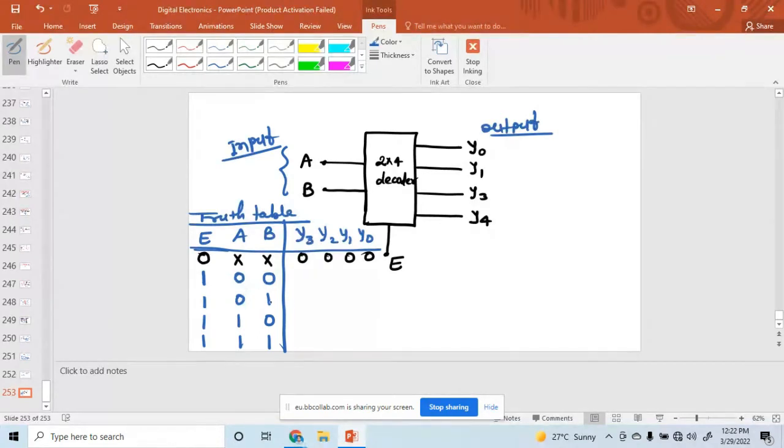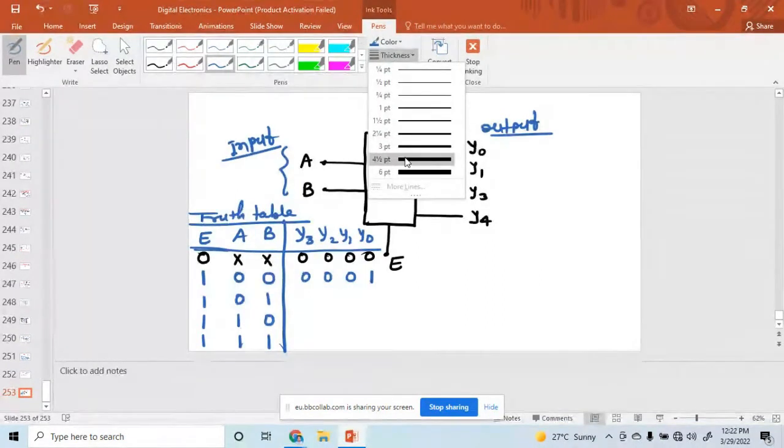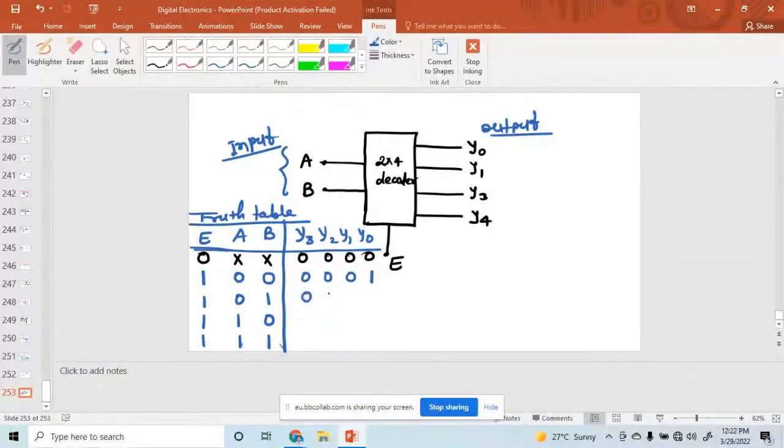When the enable is 1 and the values are 0, 0, only Y0 is enabled, that means on. Otherwise Y3, Y2, Y1 are 0. Similarly, for 0, 1, only Y1 is high and the others are 0. For 1, 0, Y2 is high and the others are 0.